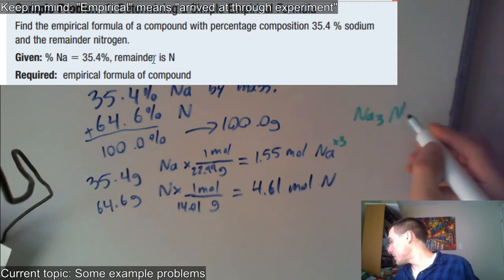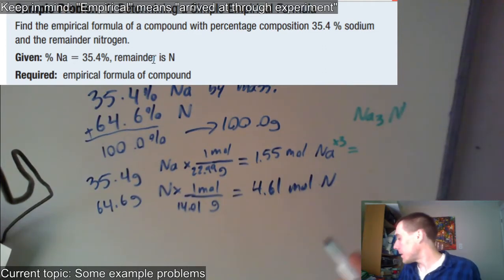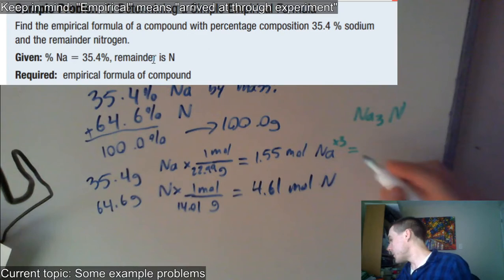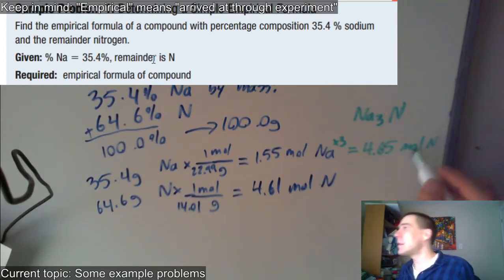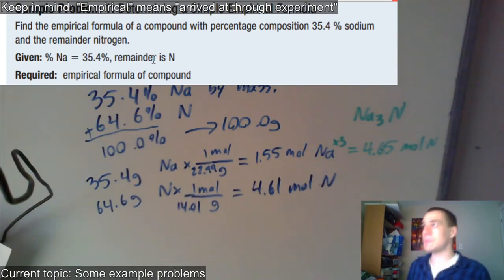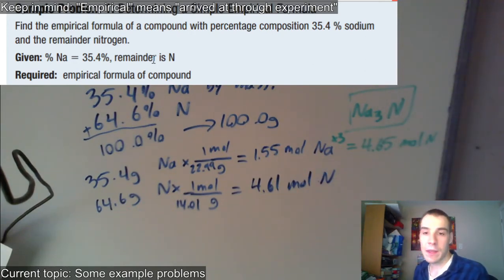So 1.55 times 3 is 4.65, and that's pretty close. 4.65, 4.61, close enough. It's within 5%. So that's probably what the formula is. So we say then the formula is Na3N.